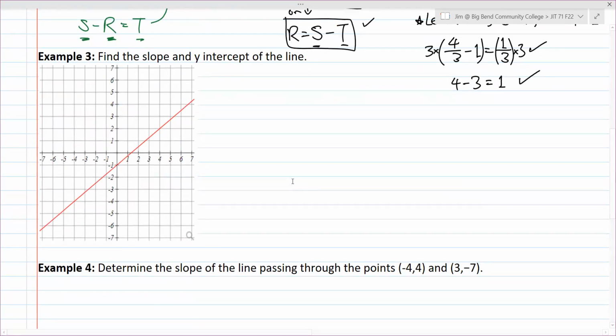Example number 3. Find the slope and y-intercept of the line. All right, so at this point, you have to know the slope stands for the steepness level of a given linear function. And that is a linear function with an increasing trend to show you that the data increase numerically.